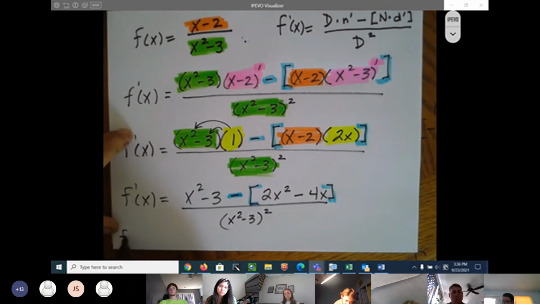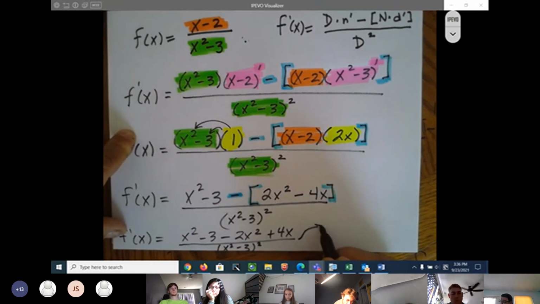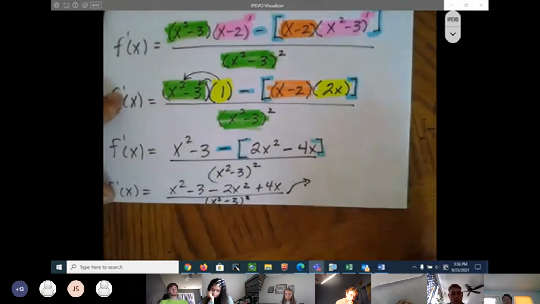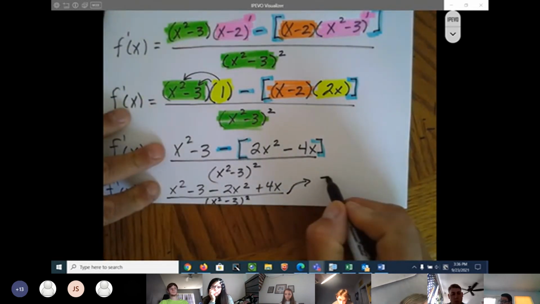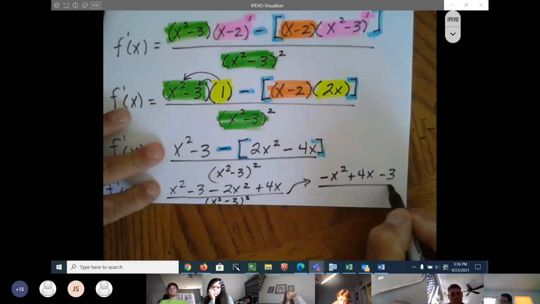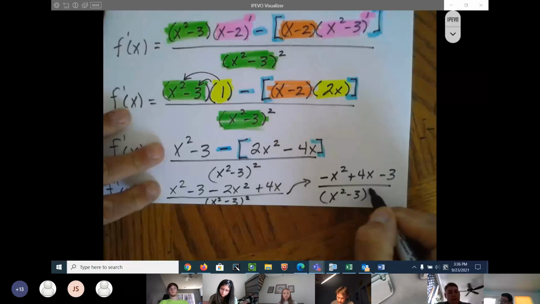And you're going to get f prime of x is equal to x squared minus 3 minus 2x squared plus 4x over x squared minus 3 quantity squared. And that's going to give you x squared minus 2x squared is negative x squared plus 4x minus 3 over x squared minus 3 quantity squared.